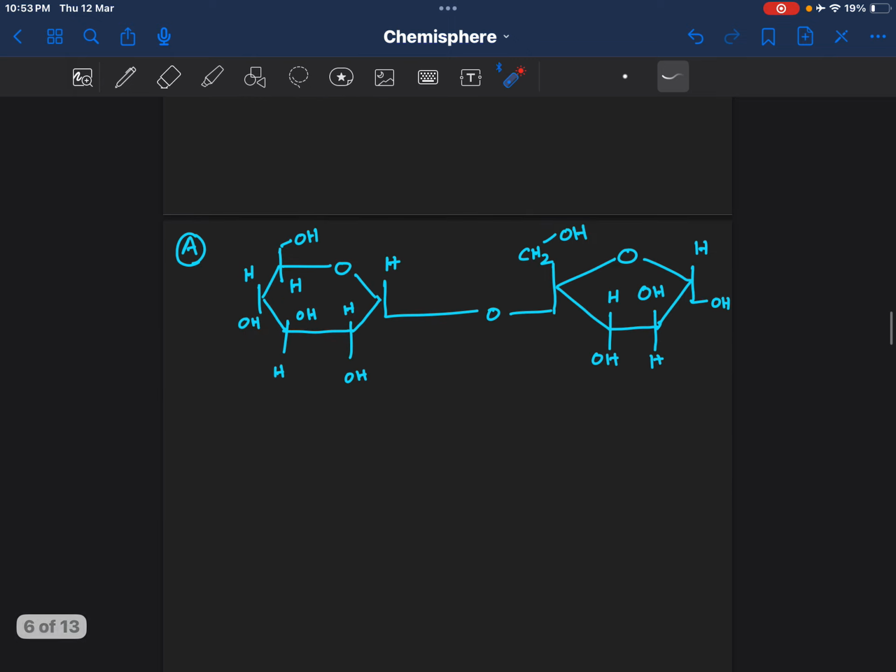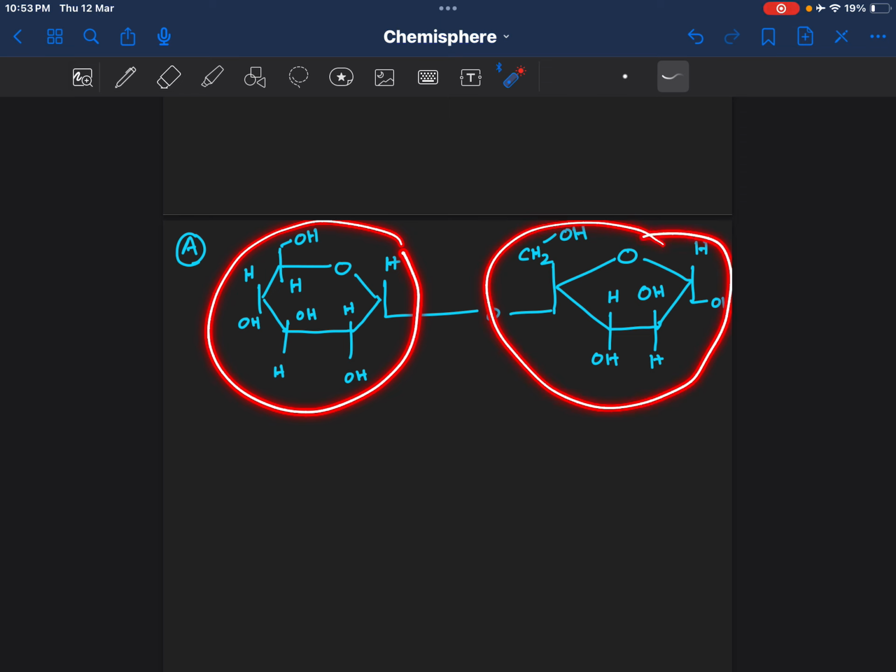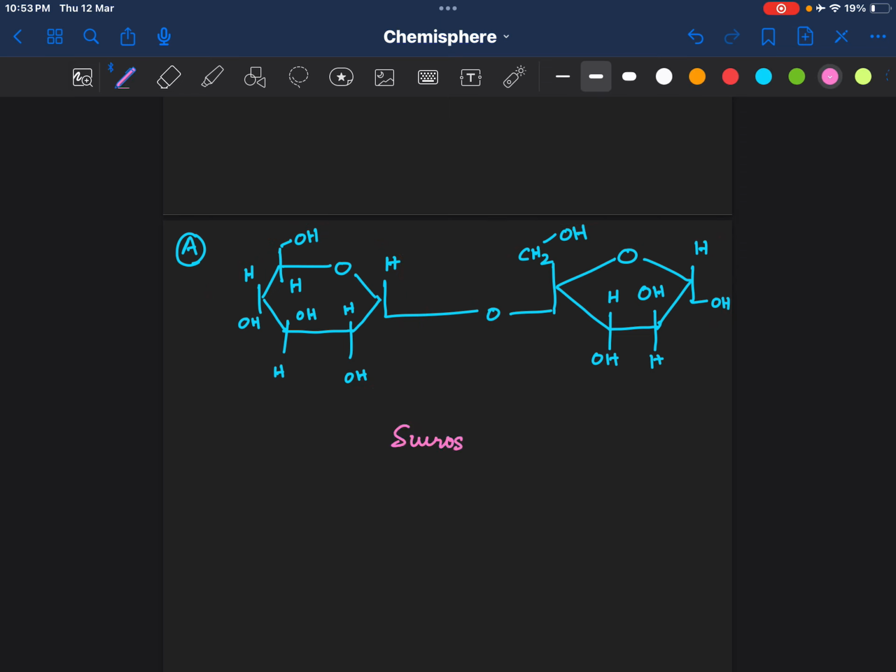Now coming to the options. In the first option, if you look clearly, this is alpha D glucose and this is beta D fructose. So this is technically sucrose, and we know sucrose is non-reducing. We need to understand why. In alpha D glucose I give the numbers 1 2 3 4 5 6, and in beta D fructose also 1 2 3 4 5 6.